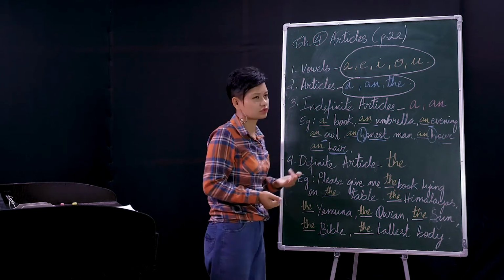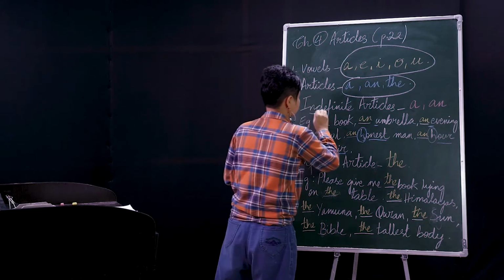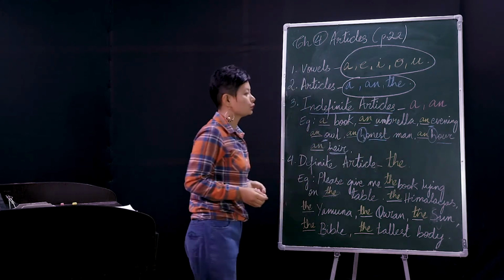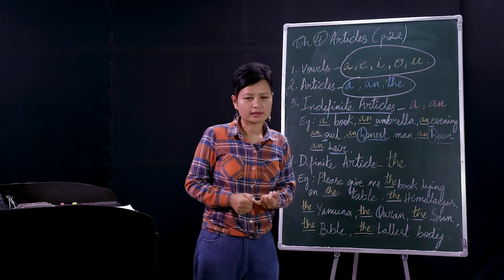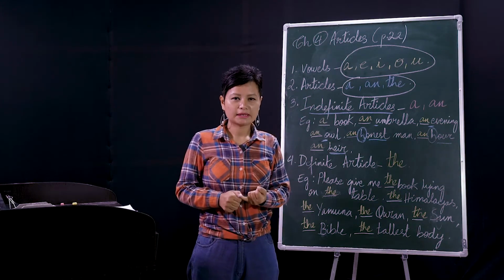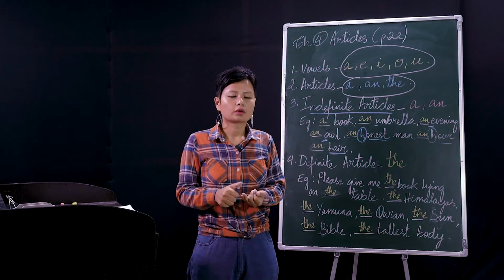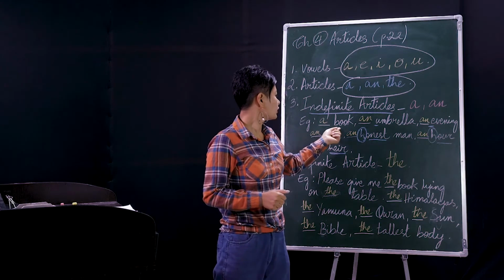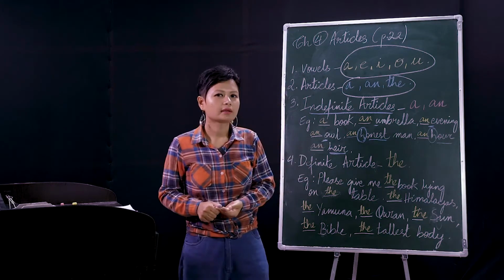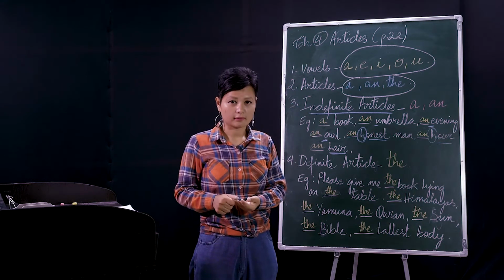So those are the three rules of indefinite articles. Where do we put indefinite articles a and an? The first one is that when the noun is being introduced for the first time, right? And then we also use an when the first letter of the word is a vowel, right?